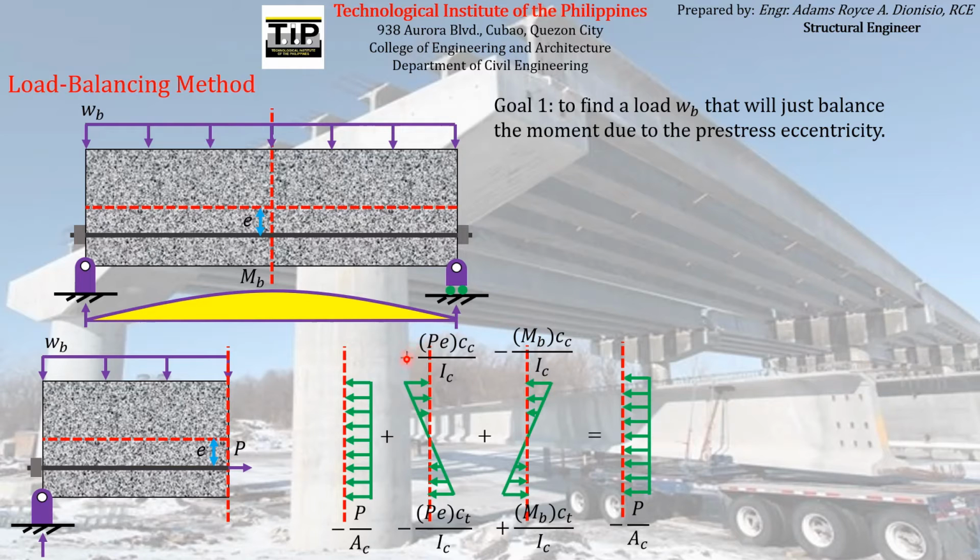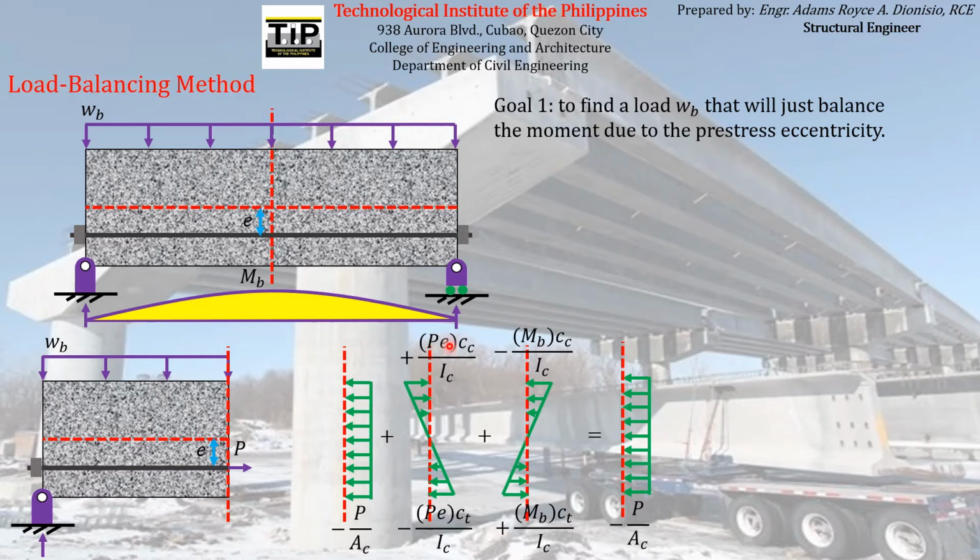And since they have equal c, equal I, and equal magnitude of moment, but they just have opposite direction, the flexural stresses induced by the eccentricity of the pre-stressing force produce tensile stresses on the upper portion, while the flexural stresses due to the balance moment produce compressive stresses on the upper portion of the neutral axis.